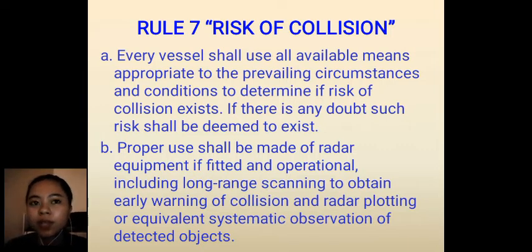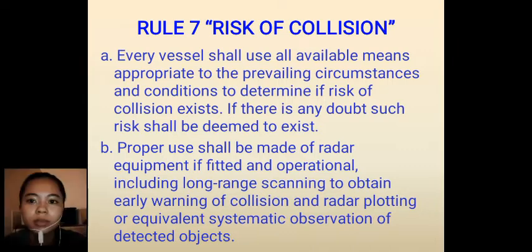Rule 7. Risk of collision. A. Every vessel shall use all available means to determine whether a risk of collision exists. In case of doubt, the risk is considered to exist.